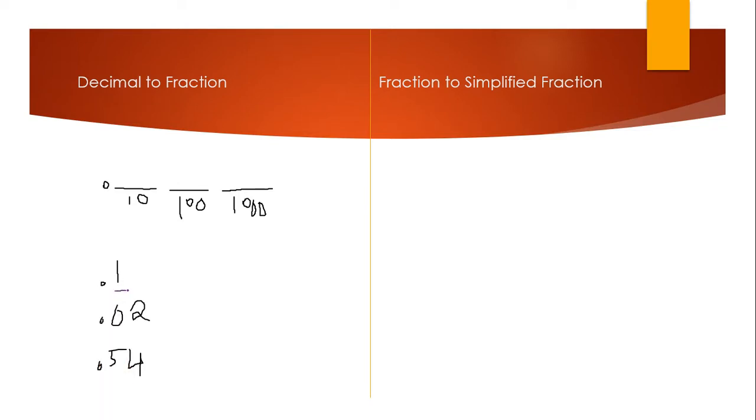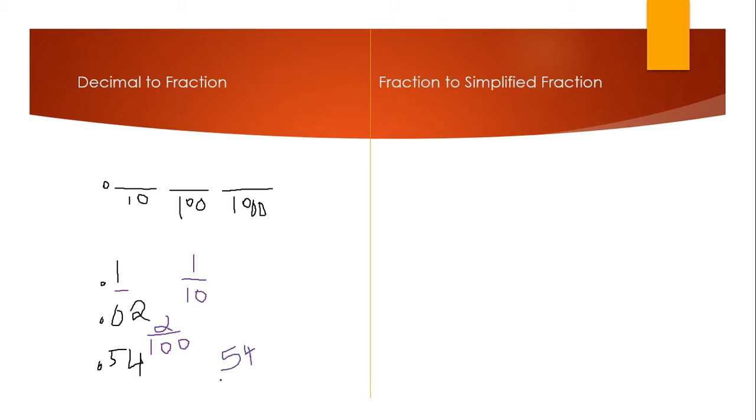So this is 1/10, therefore it is 1 out of 10. This is 2 hundredths, so then that's 2 out of 100. And the next one is 54 hundredths, so that would be 54 over 100.